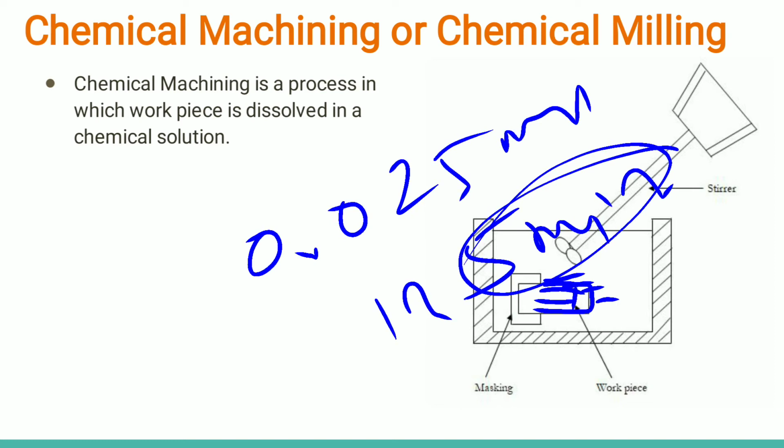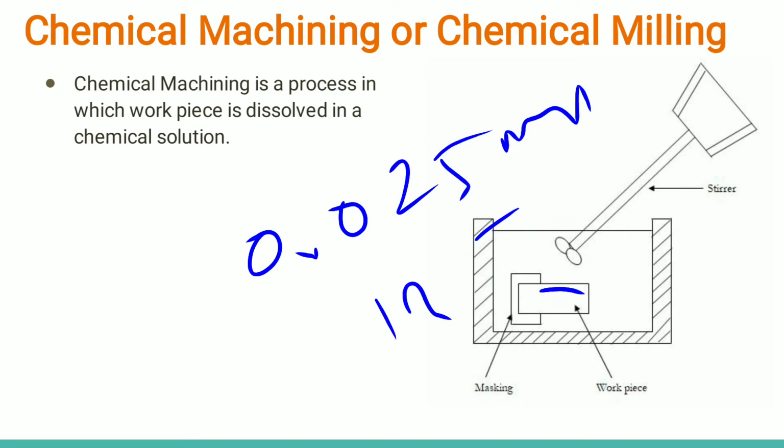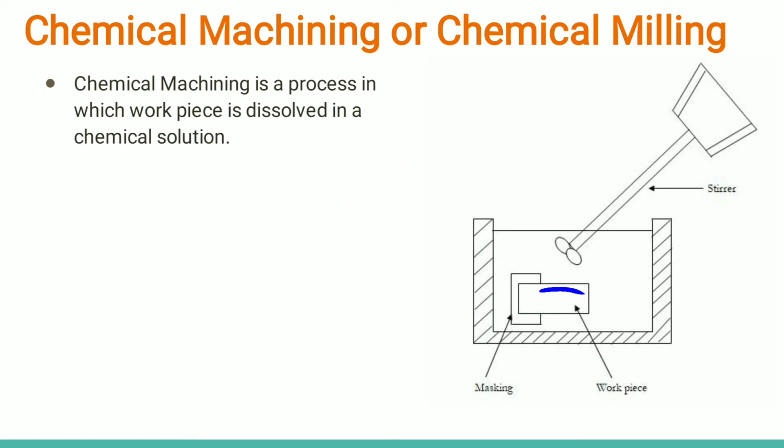After that we take it out, and again we put the workpiece surface inside the chemical solution, and we continue doing this process step by step.